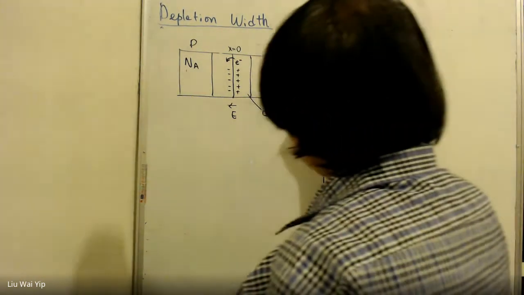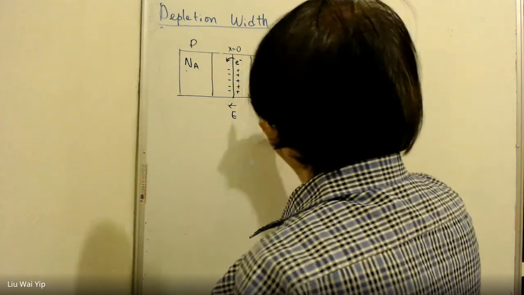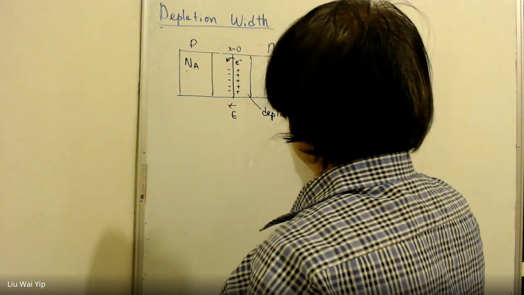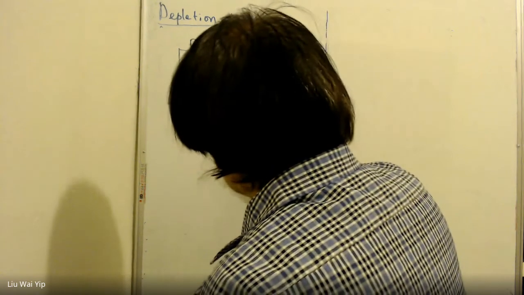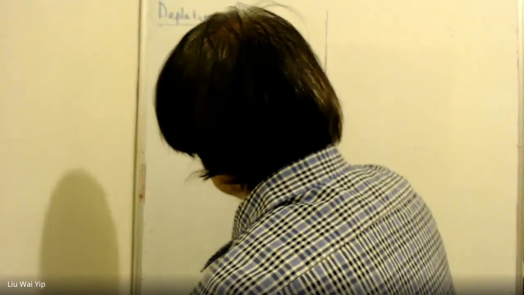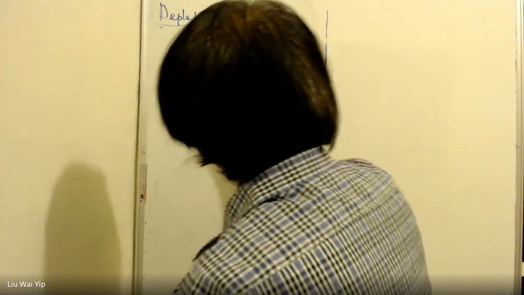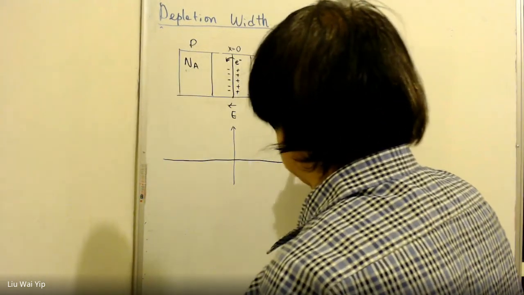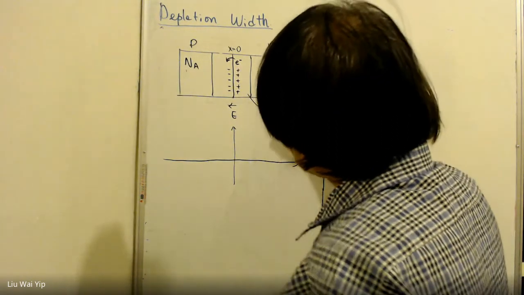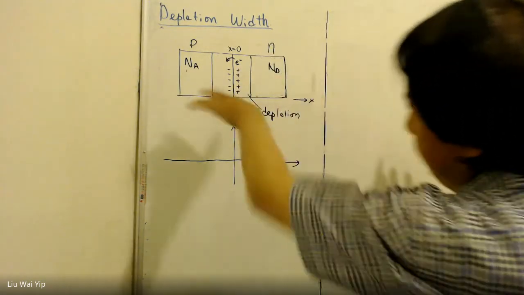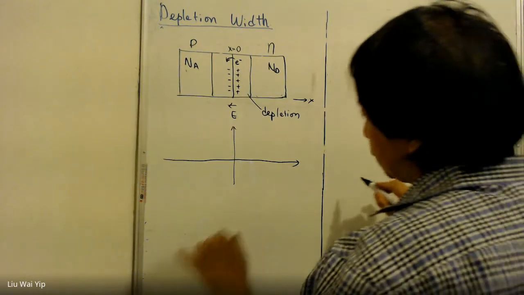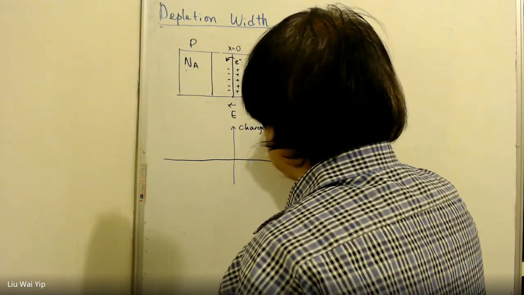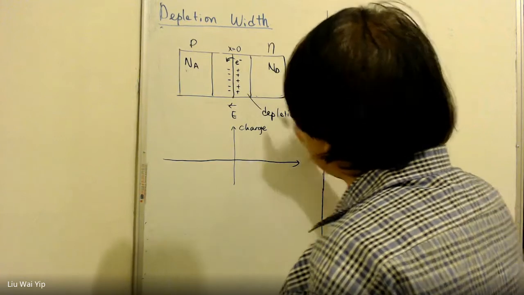Suppose the horizontal axis is x. If I draw the charge distribution of this PN junction, the charge outside the depletion region should be 0, meaning neutral.